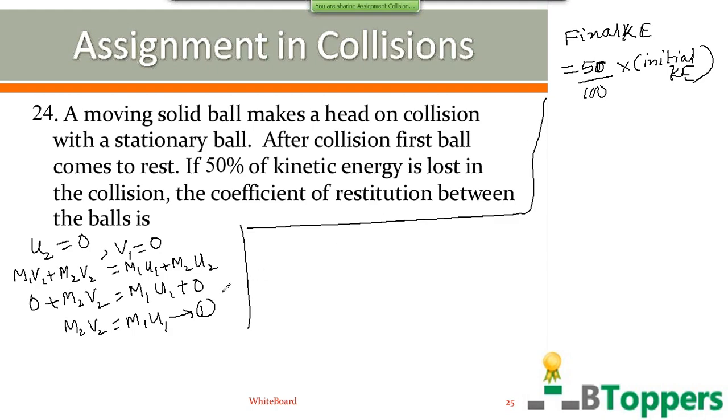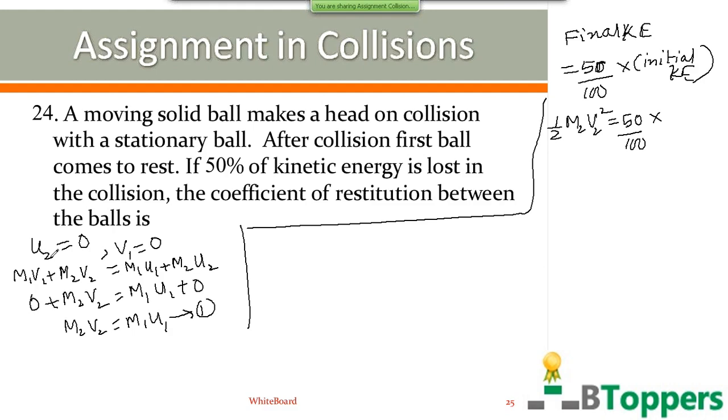The total final kinetic energy is equal to the final kinetic energy of the second mass m2 after collision, because the first mass m1 comes to rest after collision. That means the final kinetic energy of m1 after collision is 0. So the total final kinetic energy of the two bodies means the final kinetic energy of m2. It's equal to 50 by 100 times the initial kinetic energy before collision.